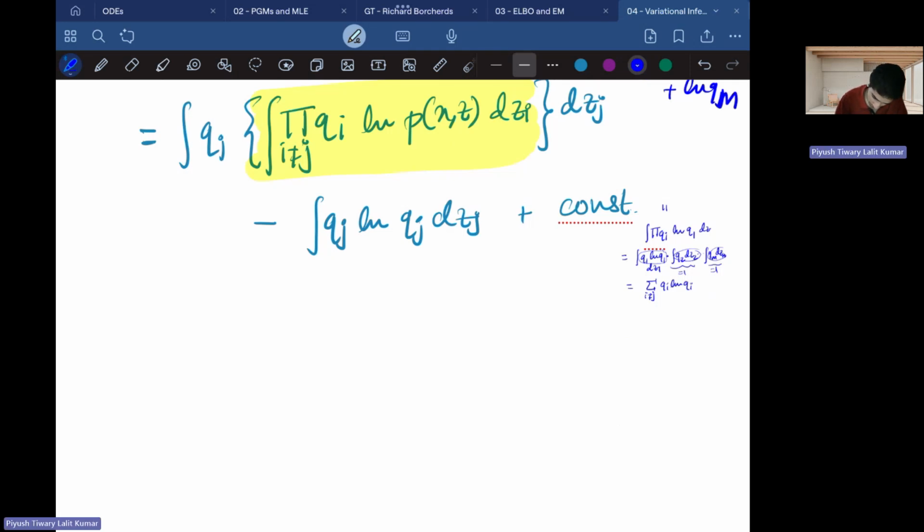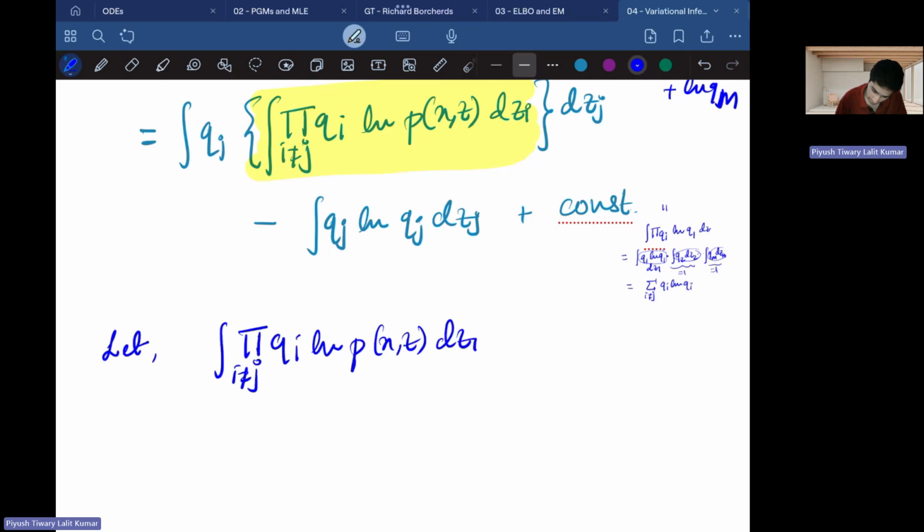So this term, let's call it... this thing that is product of q_i, i not equal to j, ln p of x comma z dz_i, right?